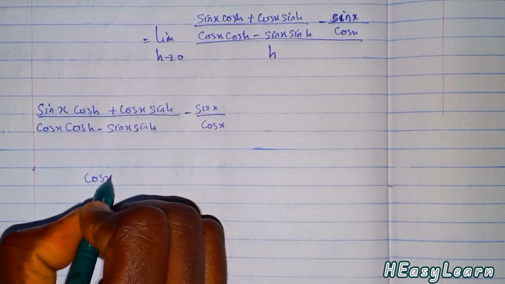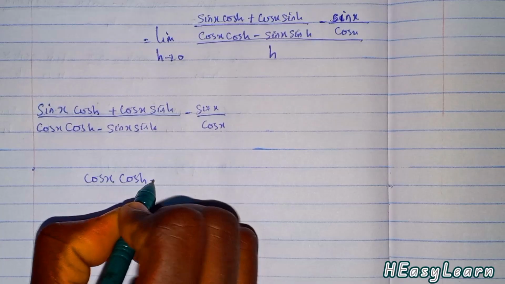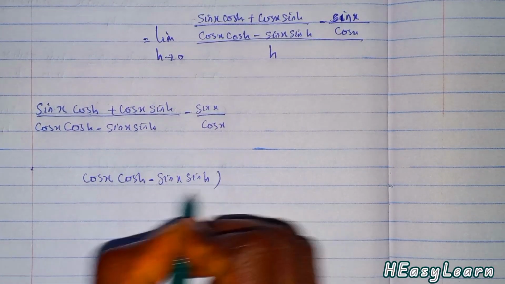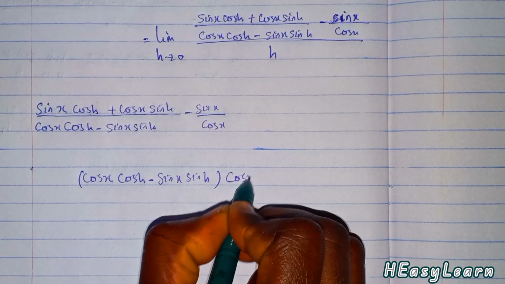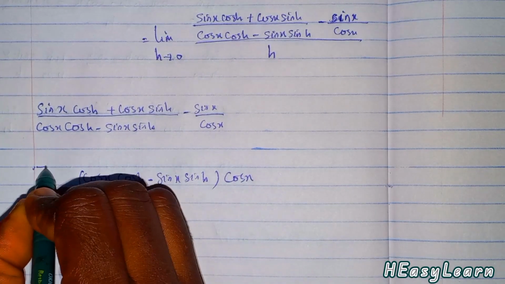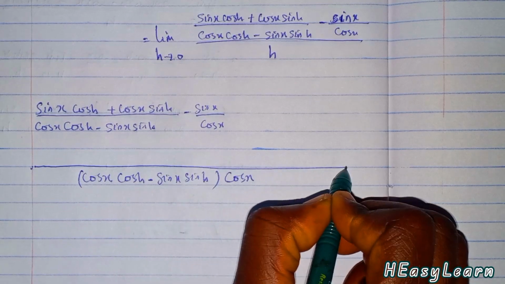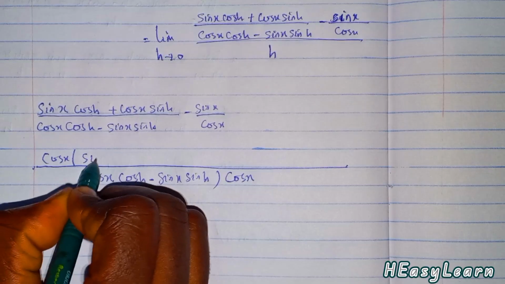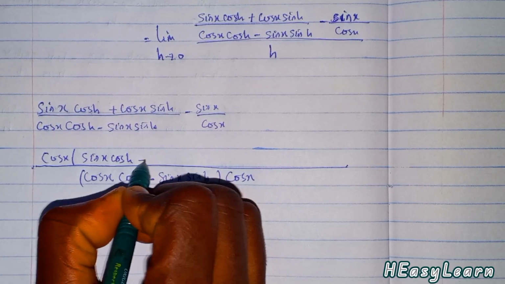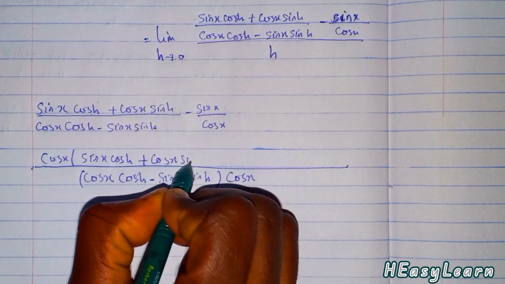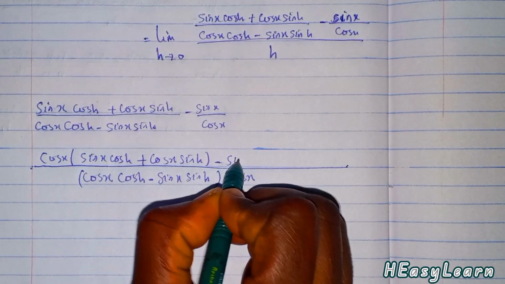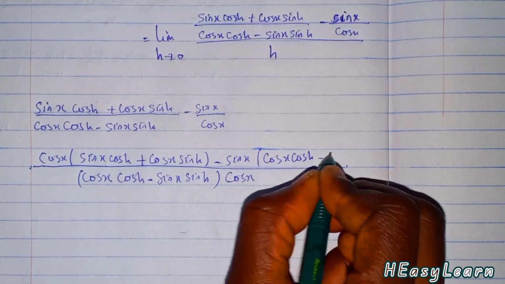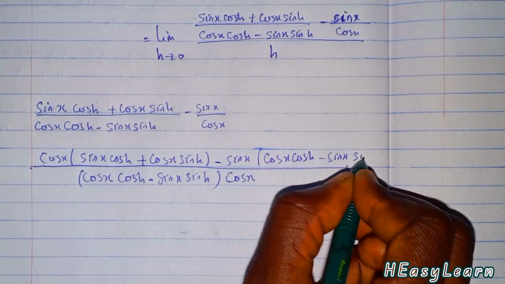This is cos x cos h minus sin h cos x. Cos x into sin x cos h plus cos x sin h, minus sin x into cos x cos h minus sin x sin h.